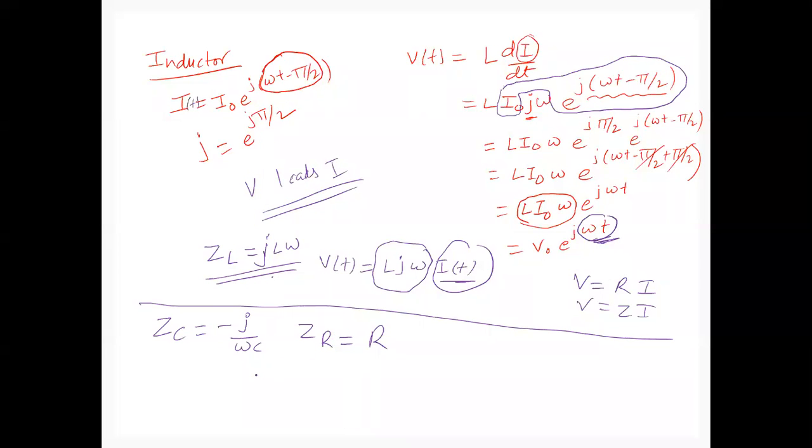So then what is the total Z, which is called ZT, or you simply write Z equals ZC plus ZL plus ZR. So ZC is negative j over omega C. ZL is j L omega plus R. That's your total impedance.